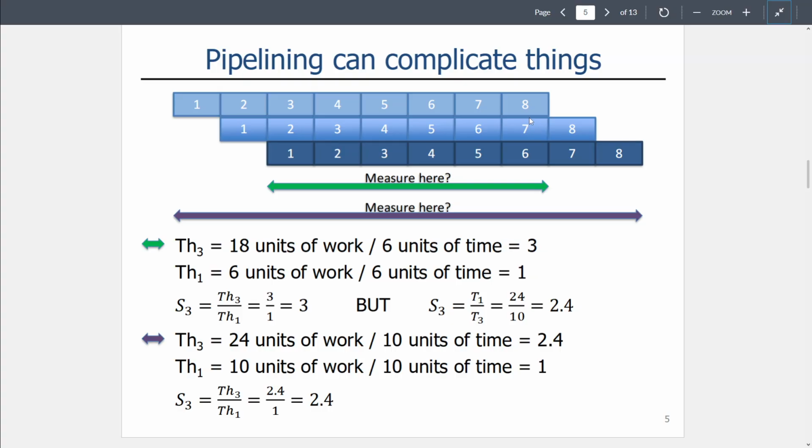You can see that we can actually get different numbers, different speedups from the same execution just by slicing it up in different ways. If we focus on the middle section, you can see we get 18 units of work done over 6 units of time, which appears to be a speedup of roughly 3, right? And that makes sense. I've got, sorry, not 3 stages, I have 8 stages in this pipeline, but you can see that at its capacity, I've got 3 units of work going through at the same amount of time.